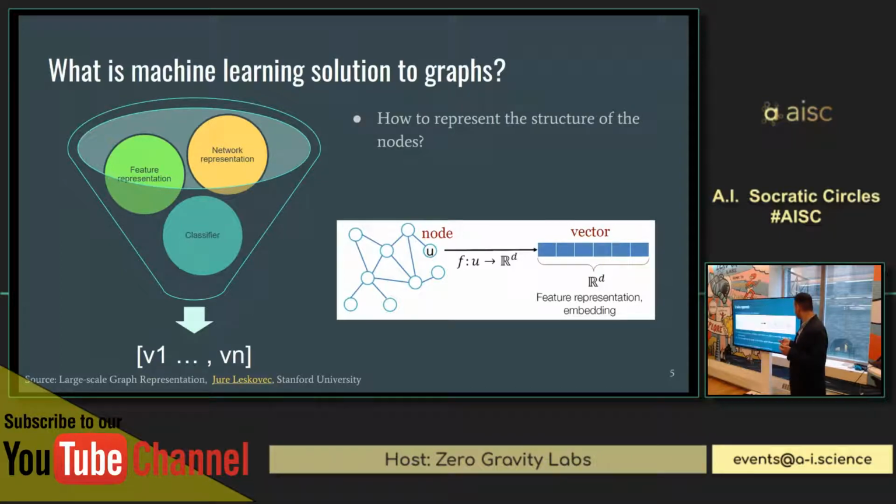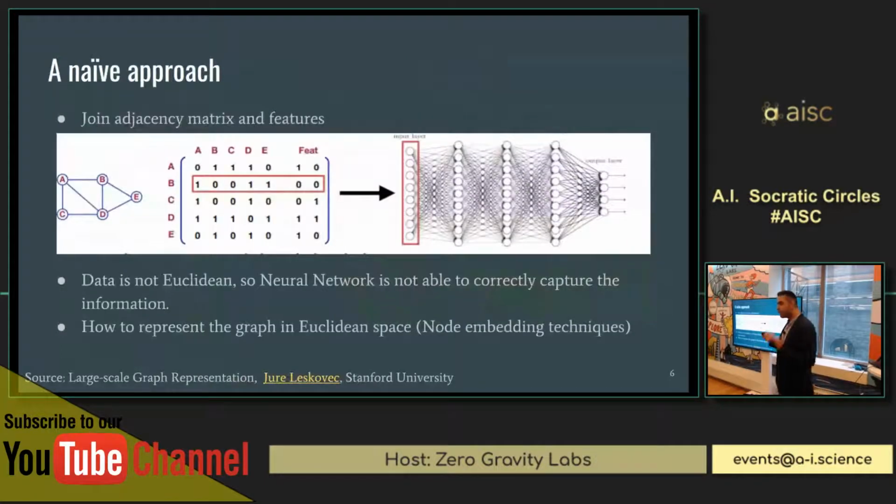Okay. So the naive approach would be to just capture the information from the adjacency matrix and then pass it to the features without any node embedding, and then pass it to a neural network, for example, to find the predictions. But there is a problem with this naive approach. The problem is that the node adjacency matrix is variant, it's not invariant. That is, you can have different node orderings, and it won't change the information.